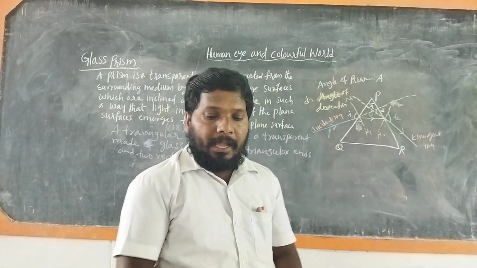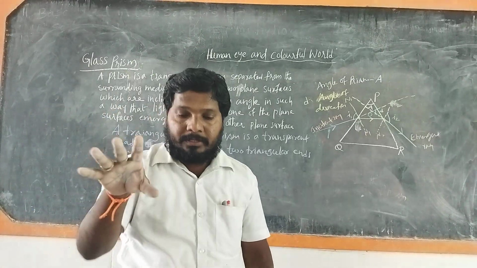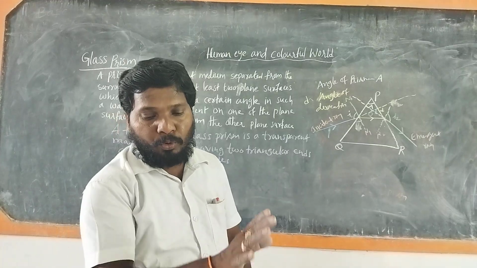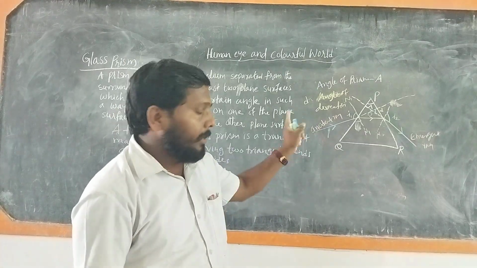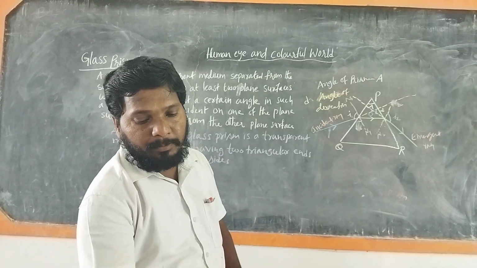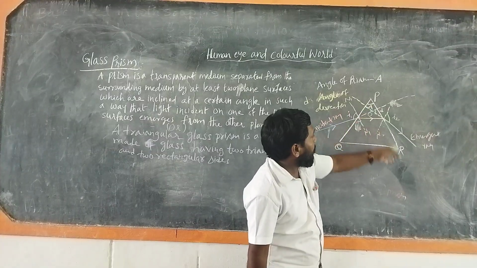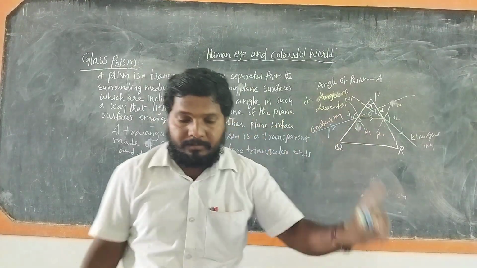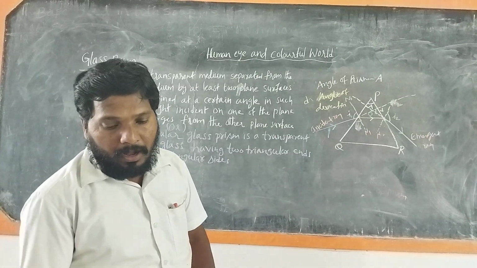Let's consider the triangle PQR, which represents the outline of the prism. Draw a perpendicular to the surface at M or N. The angle between the plane surfaces PQ and PR, which are two opposite surfaces, is called the angle of prism.